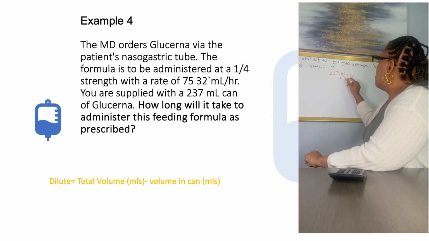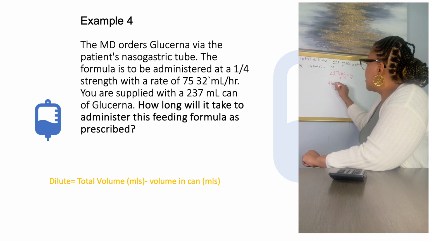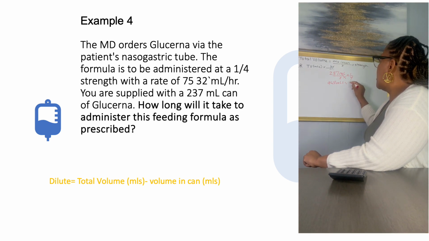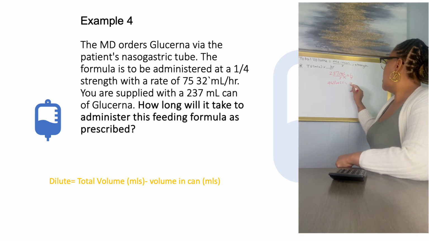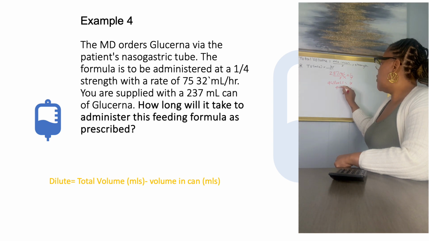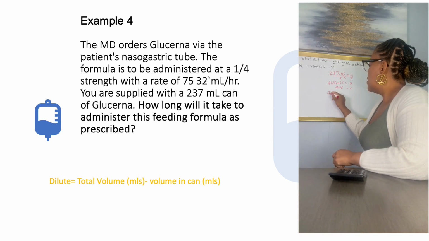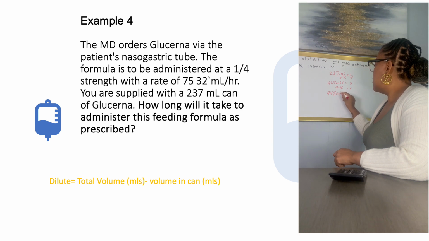All right, we then do our cross multiplication, and we get 948 mLs over 1x. All right, so we then going to isolate our x and just divide it by 1, and our total volume is 948 mLs. All right, so we then are going to go back to our problem to get our infusion rate.